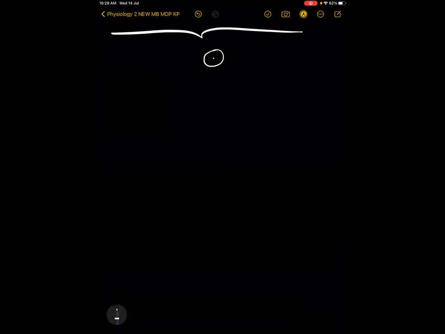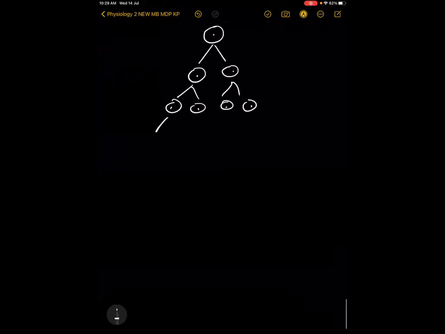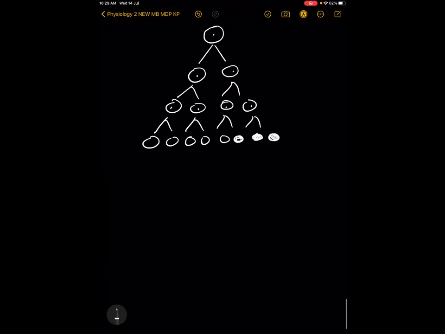This is cell 1. It divides into 2 by mitosis. Simple. Again, it divides by mitosis: 4 cells, 8 cells, 16 cells, 32 cells. After a certain period, after some mitosis, these cells finally lose their power of division, and now they get mature.